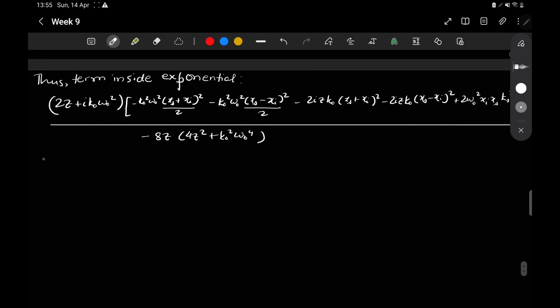Now let us group together the terms of square of sum and square of difference. Group together terms of this type and terms of this type.